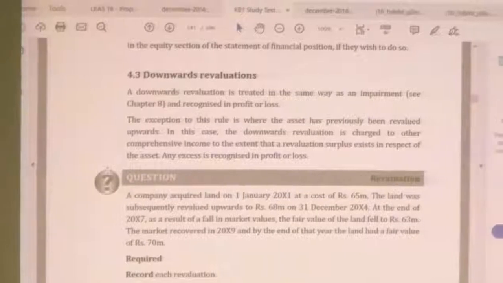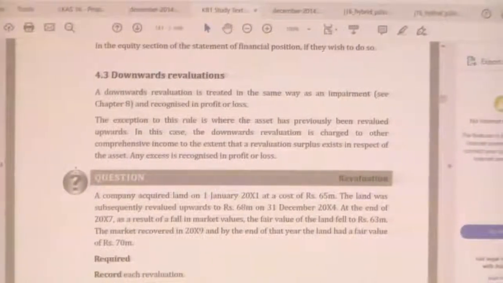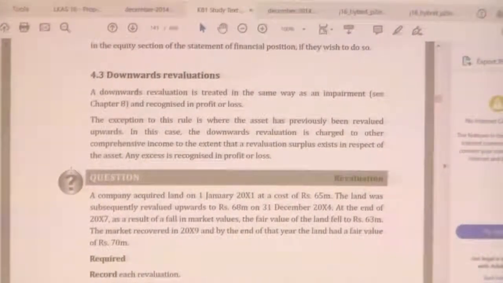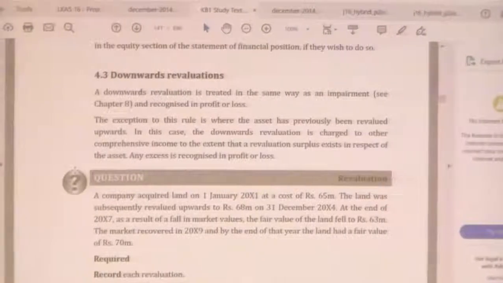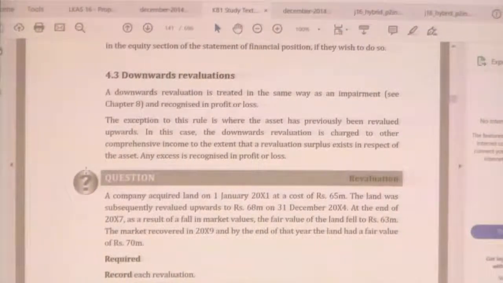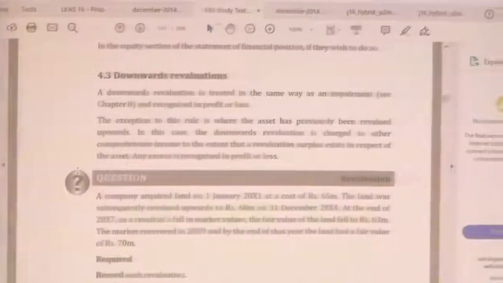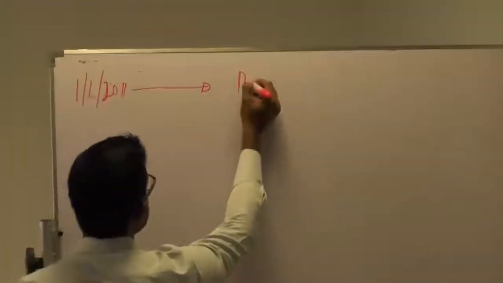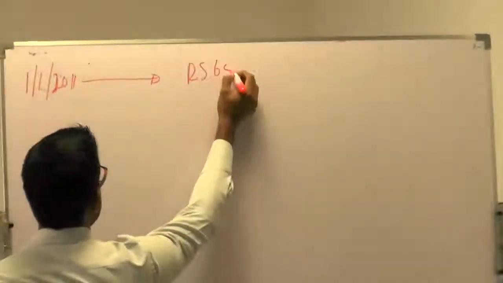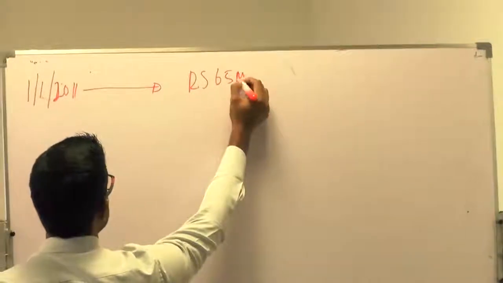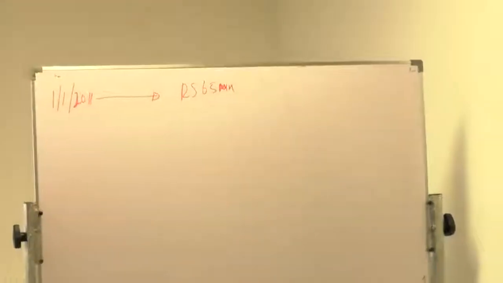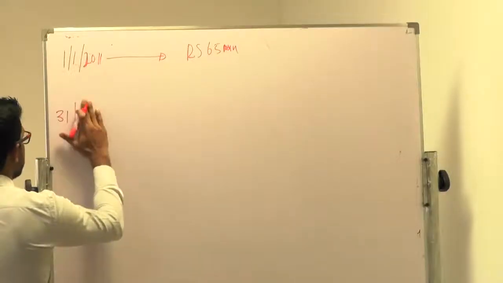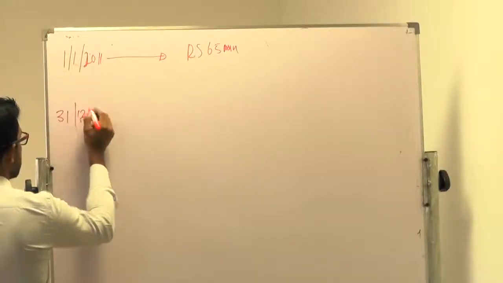On 1st January 2011, they purchased this asset, rupees 65 million. The land was subsequently revalued to 68 million at the end of 31st December 2014.